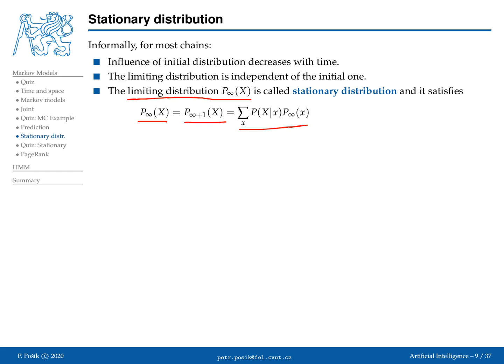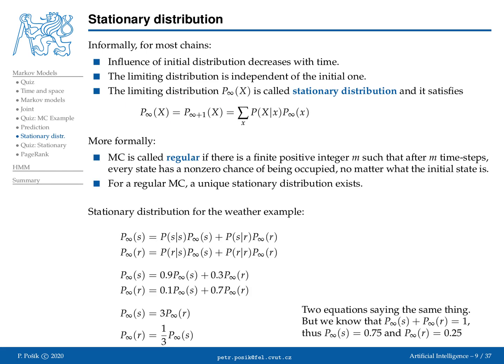And if you think about it, then if the Markov chain is regular, which means that it fulfills some constraints or limitations, then it has a stationary distribution that can be computed explicitly directly from this transition model.